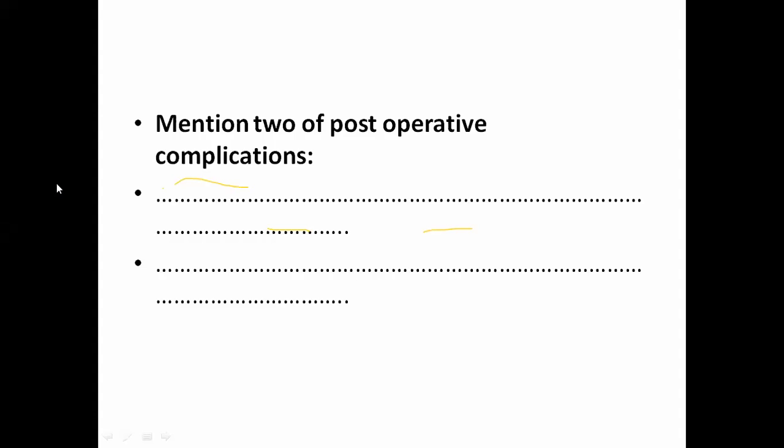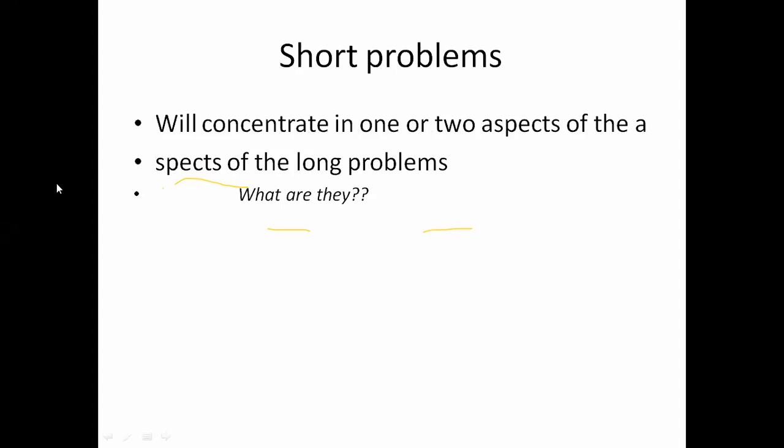This emphasizes the importance of the long problem, where you have to cover all aspects of the clinical problem of the patient, starting from history, examination, differential diagnosis, investigation, management, complication, and prognosis. You get it?